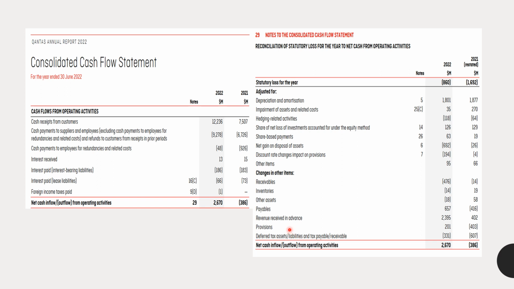So the current asset items here are receivables, inventories, other assets, and the current liabilities are payables, revenues received in advance, provisions, deferred tax assets or liabilities. In the end, the net cash inflow is the same. So the net cash inflow in the indirect method is also $2,670,000,000.